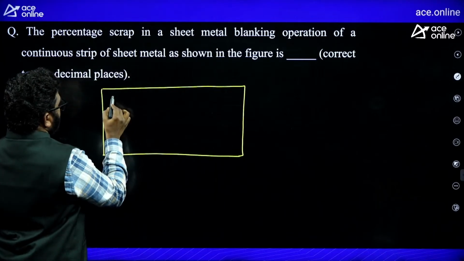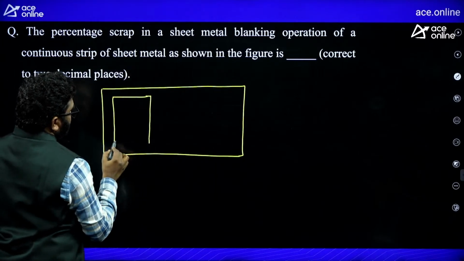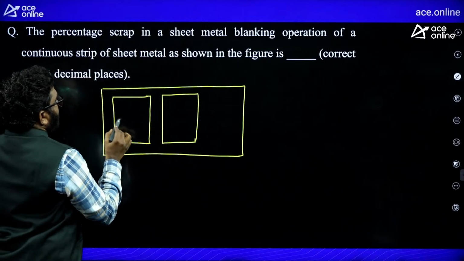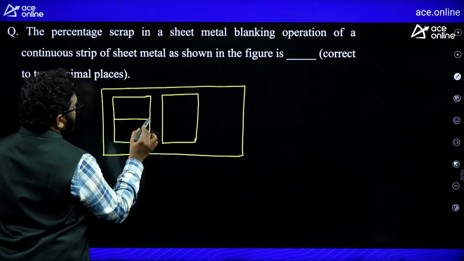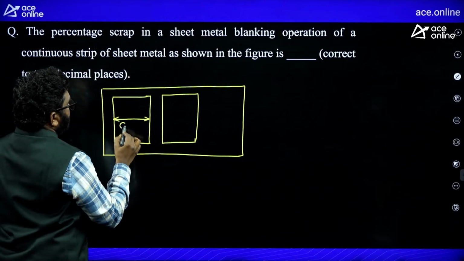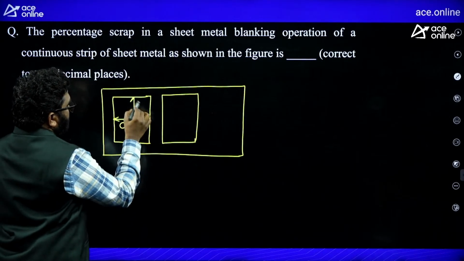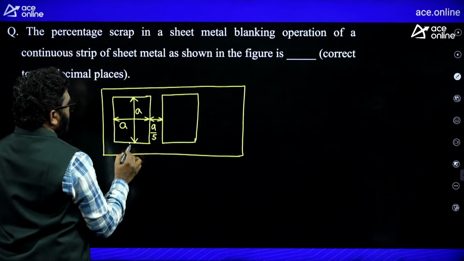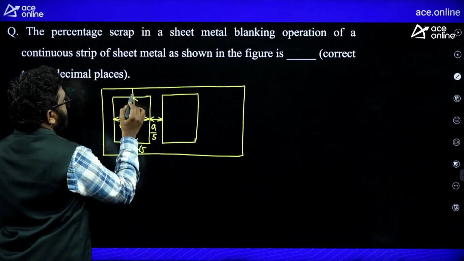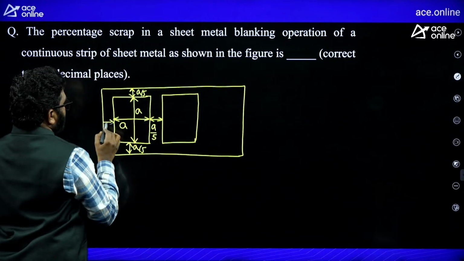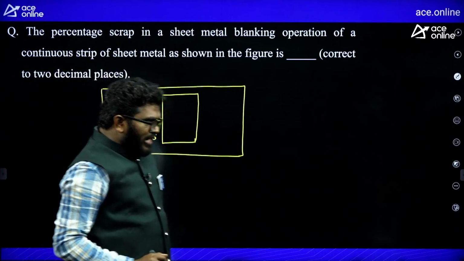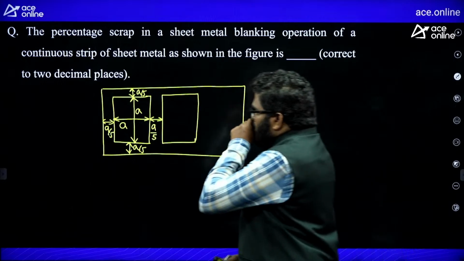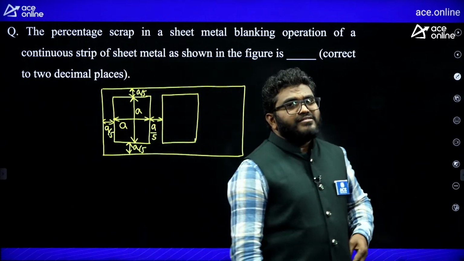In the sheet, I am going to make square blanks of side length A. The scrap margins here are A by 5 on each side, this is A by 5, this is A by 5, and this is also A by 5.